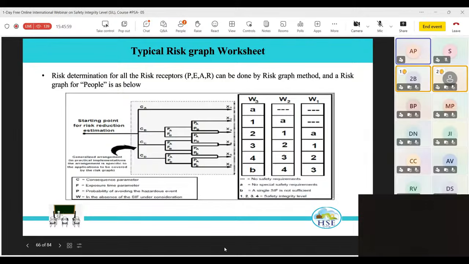It gives you only an indication: just SIL2. Now SIL2 ranges from 100 to 1000, so the design can be very broad. We will go into more detail later, but here at least it gives you the SIL2 type of indication.